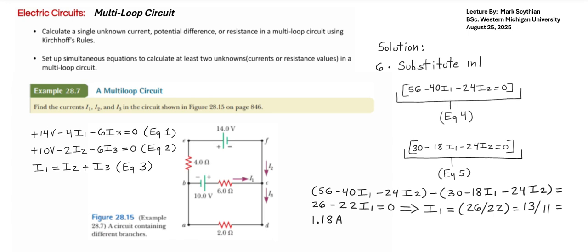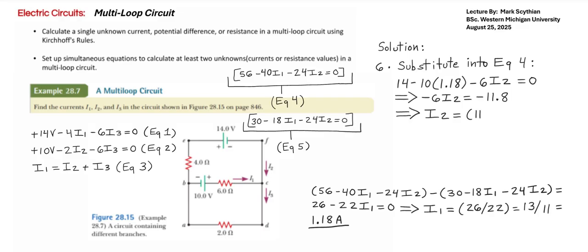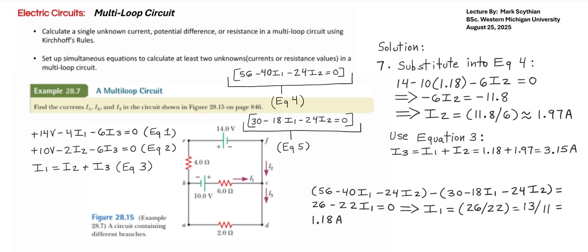Then we substitute into equation 4, and we get a value of current 2 that is approximately equal to 1.97 amps. And then we can use equation 3, which is the sum of currents 1 and 2. So this equates to 3.15 amps as the current for I3, or the third current.